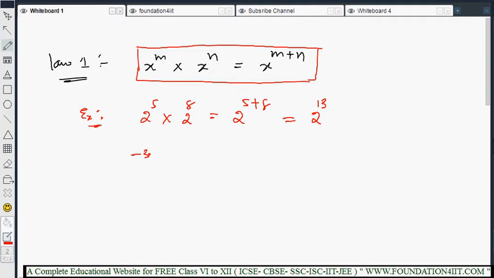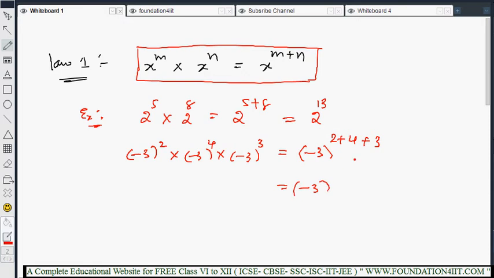For example, (-3) to the power 2 into (-3) to the power 4 into again (-3) to the power 3. Not only for two terms, we can take more than two also. Now -3 is completely the base, and we can add all the powers, that is 2 plus 4 plus 3, so (-3) to the power 9.